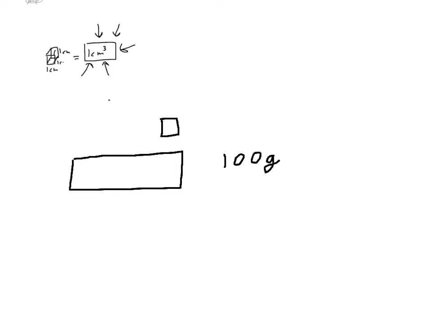And so you could cut a chunk out of this object, that big, put that chunk on a balance, and then you would know its mass if it was 1 centimeter cubed, which is how we calculate density. But that's not very practical, cutting things out of everything. So again, we can just use some very, very simple math to do this.